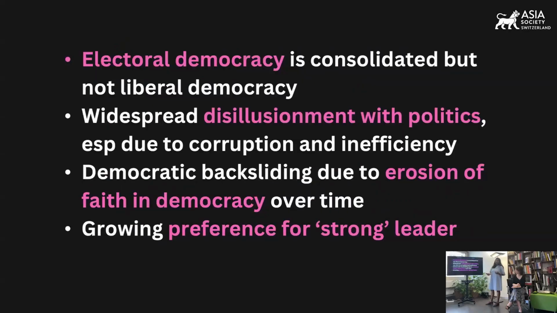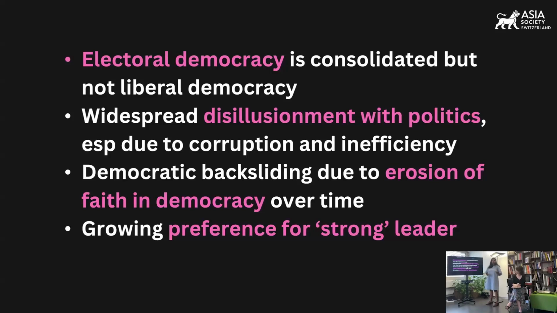So what we see over time is that there has been steadily developing a sense of disillusionment with Indian politics. And the democratic backsliding that we do see is in part because of these trends where there has been persistent corruption, persistent inefficiency in the government.